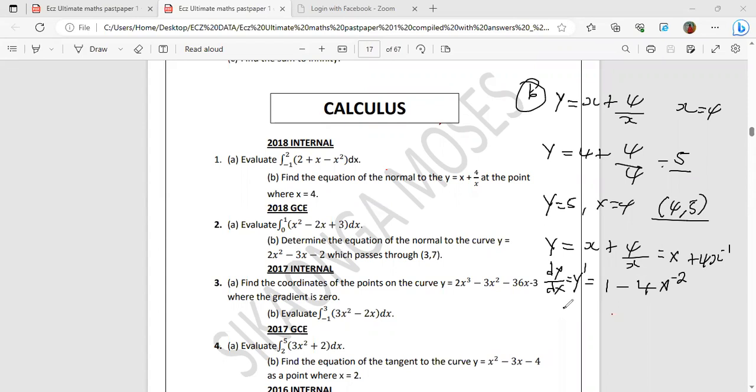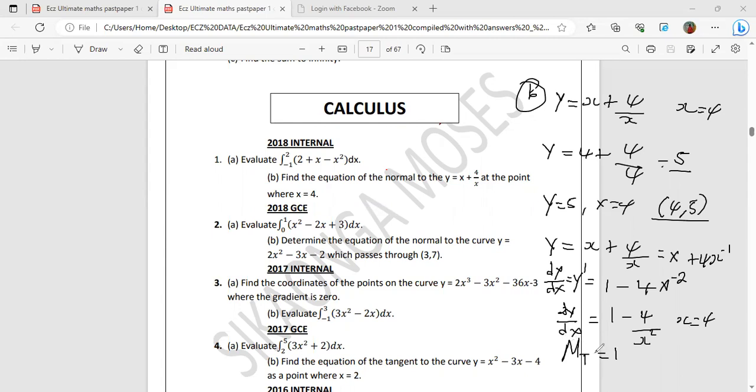So dy/dx is equal to 1 minus 4 over x squared. Now remember that x is equal to 4. This dy/dx, the first derivative, since we are in calculus, is the gradient of the tangent.